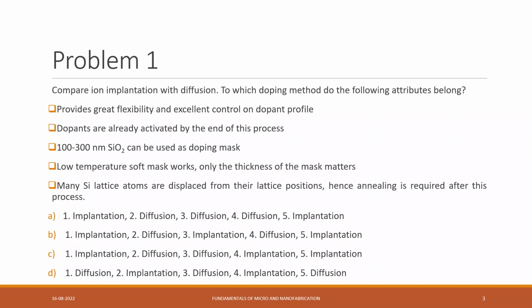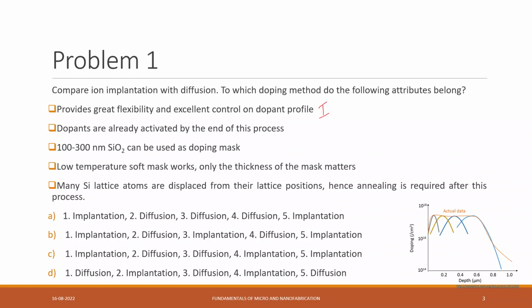So yeah, mostly it's implantation because we can grow arbitrary profiles with implantation at room temperature. We can control the energy, the accelerating voltage, and we can get a desired doping profile. So yeah, first one is implantation.